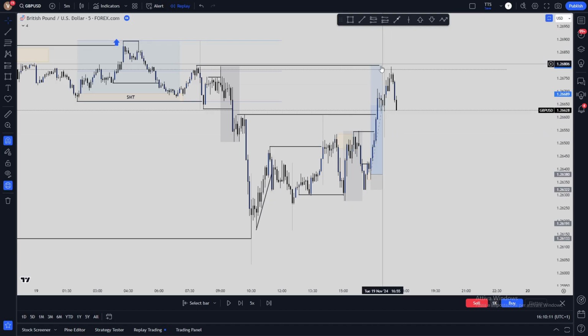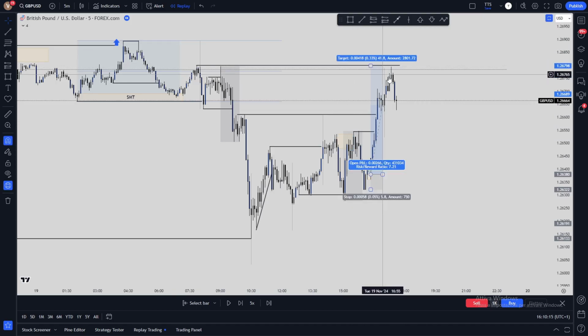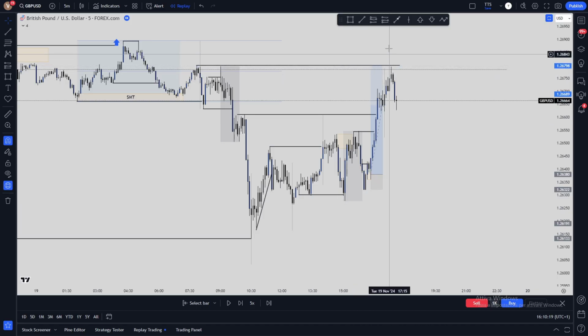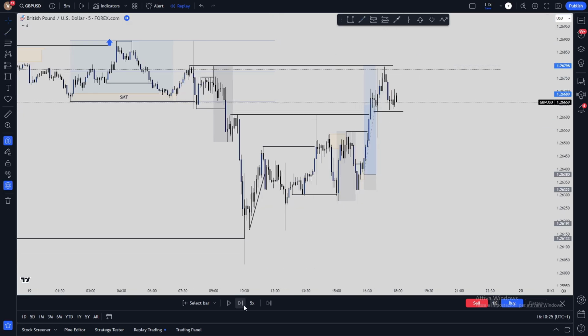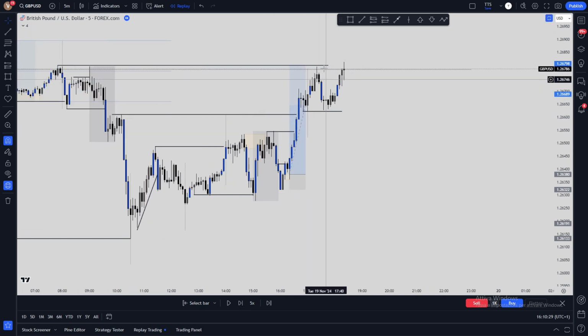Let's see. Faking another equal, very beautiful. Let's see, I don't remember if we also break this low. Let's see, no break. So that makes this zone irrelevant for me.